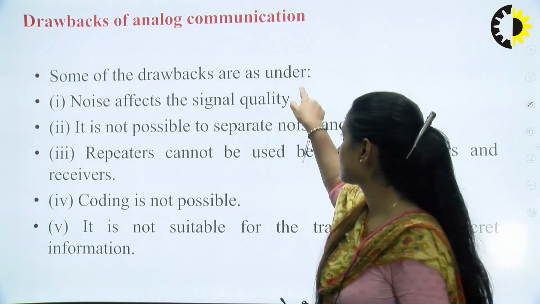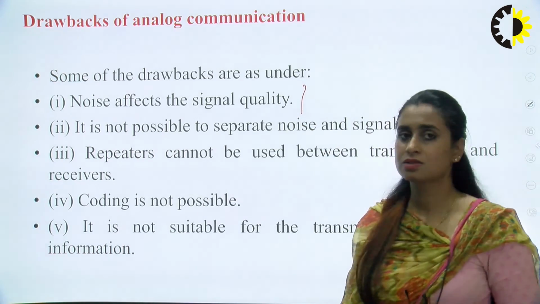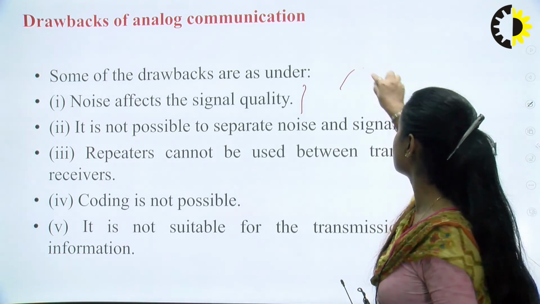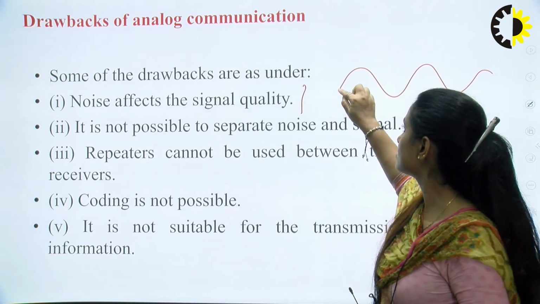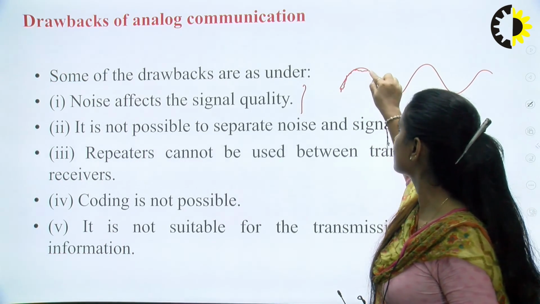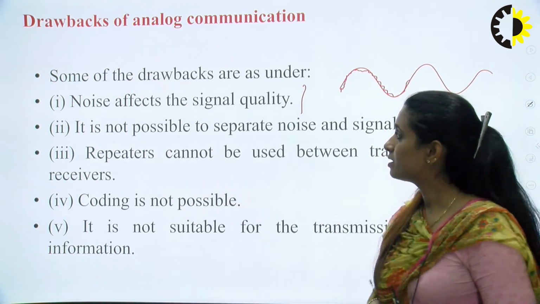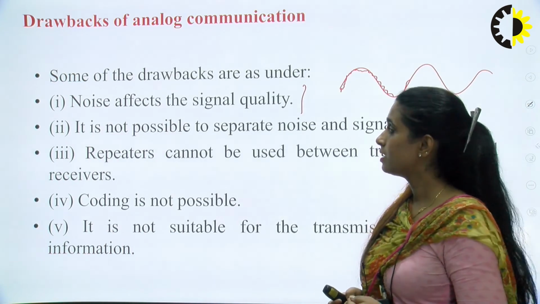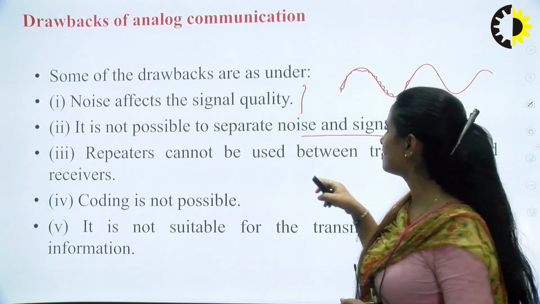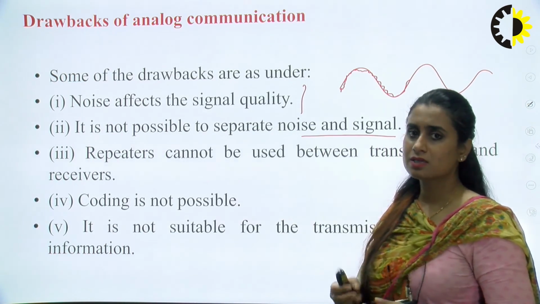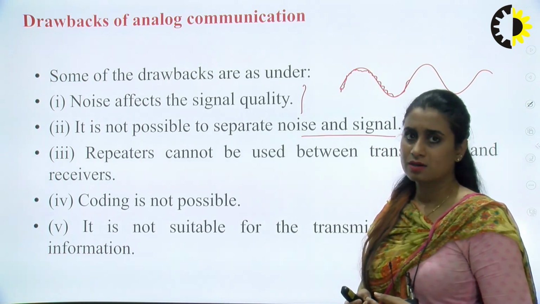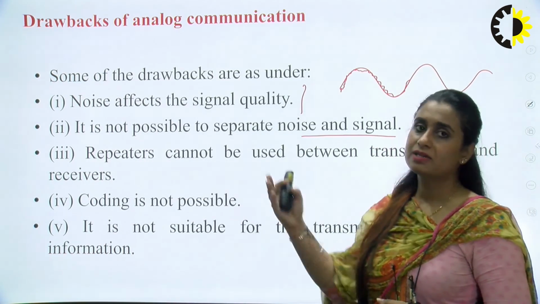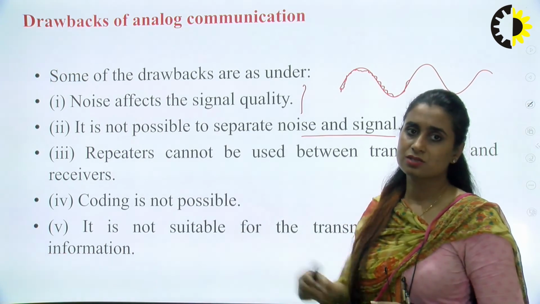If I talk about disadvantages, it's very noisy because your analog signal is a continuous function of time, and noise of any power or amplitude can corrupt the quality, right? So noise affects the signal quality. It is difficult to separate noise and signal. Repeaters are required as the signal strength reduces.